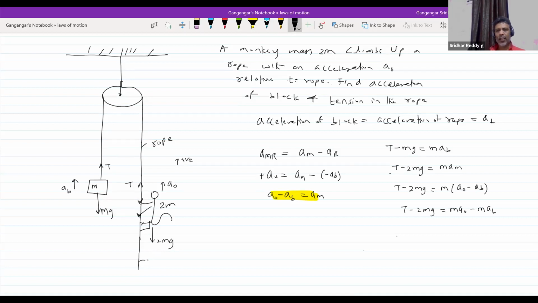Now what are the unknown things? Acceleration of block and tension are the unknowns. So let me solve these equations: equation 1, 2, 3. Equating 2 and 3, I'll substitute the value of tension here. Put 2 in 3. So this will become mg plus mAB minus 2mg should be equal to mA naught minus mAB.